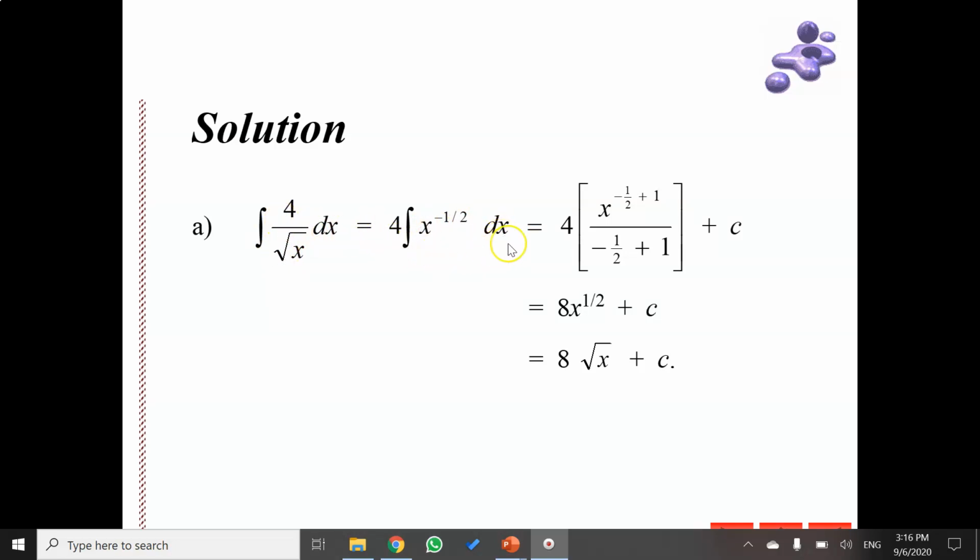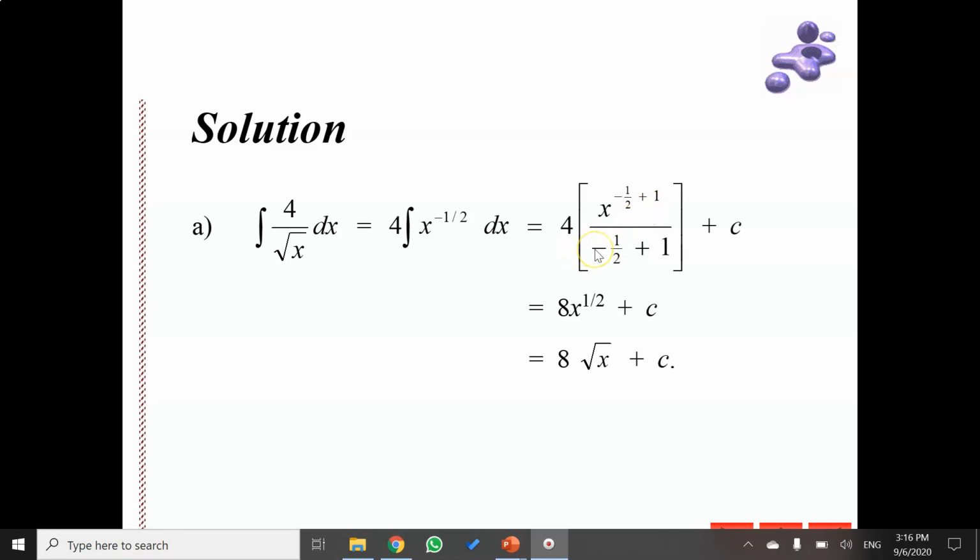So, all you need to do is integrate this one. 4 will remain here. You integrate x to the power of negative half, you will get x to the power of negative half plus 1. Remember, integration is always plus 1. When you integrate, you have to add 1 to the power, and again you divide by the new power.